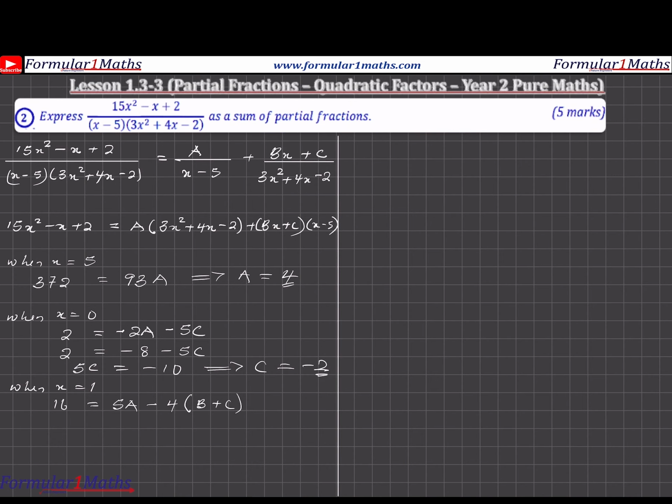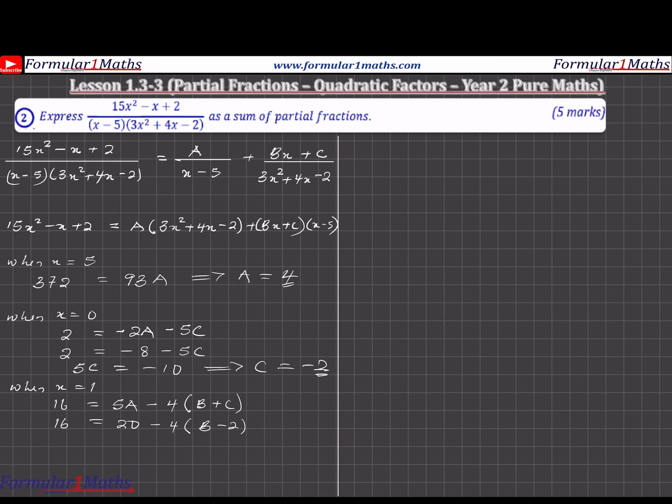But I know the values of a and c. So if I do the substitution, I have 16 here equals 20, because 4 times 5 is 20, minus 4 brackets b minus 2.